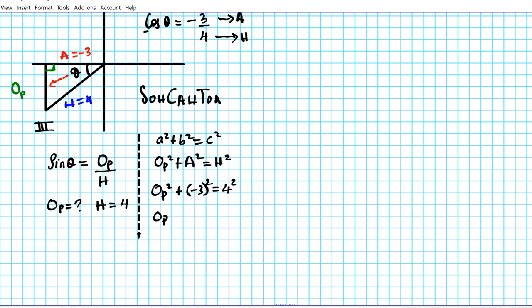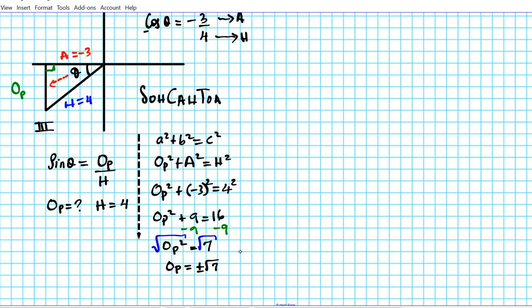Opposite squared, plus negative 3 squared is 9, equals 16. We subtract 9 from both sides of the equation, and then we have opposite squared is equal to 7. To get opposite isolated, we take the square root, which is the inverse of squaring. And then our opposite is either going to be plus or minus root 7.